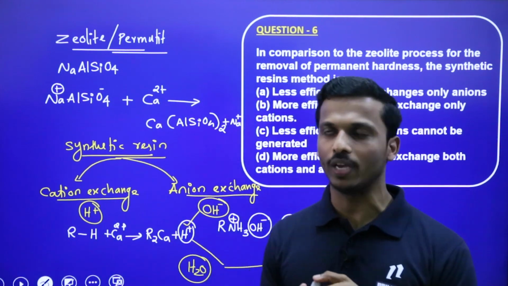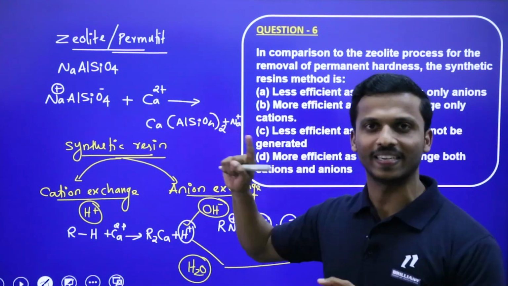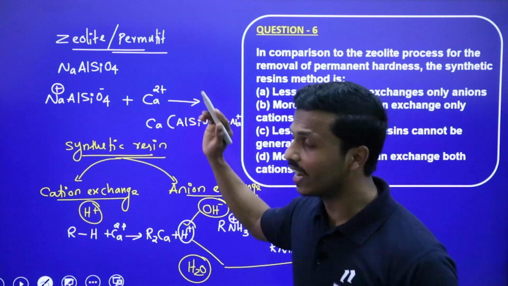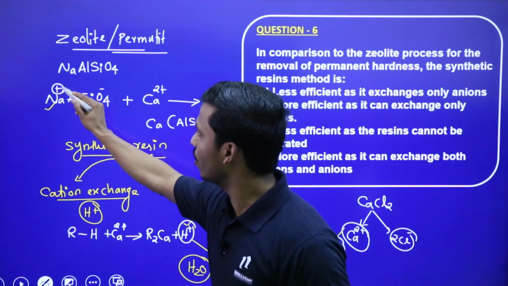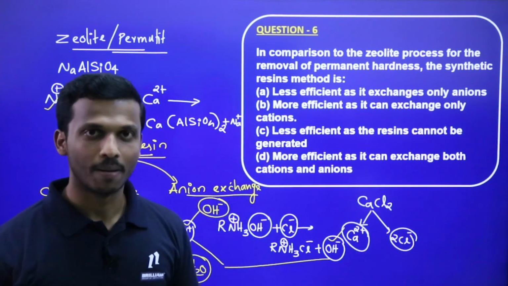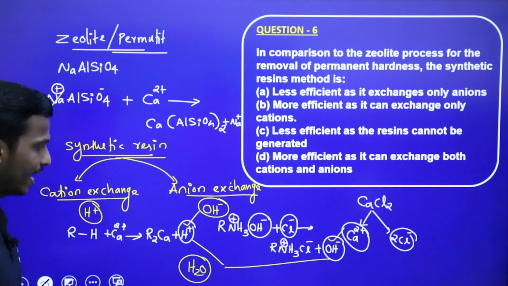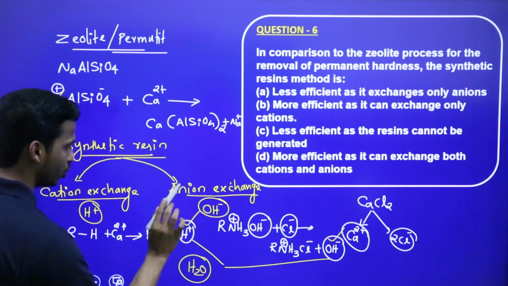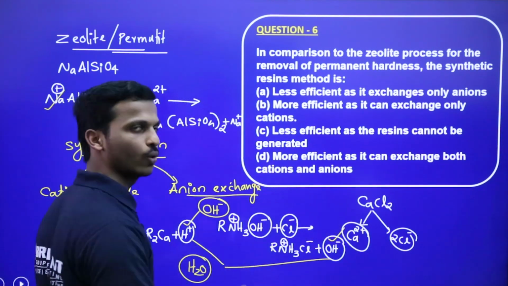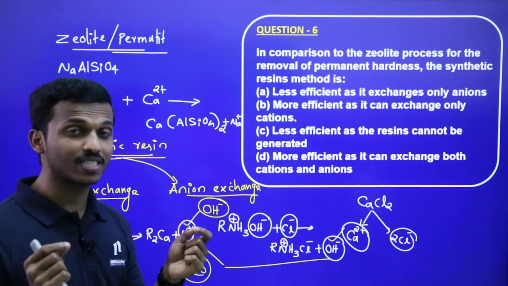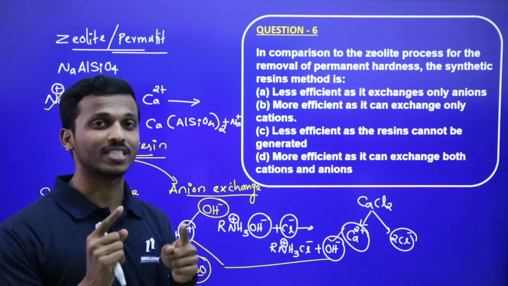What is the difference between the zeolite method and the synthetic resin method? In the zeolite method, only the cation part is interchanged. But in the synthetic resin method, the cation is exchanged and the anionic part is also exchanged. So which is the best method, zeolite or synthetic resin?